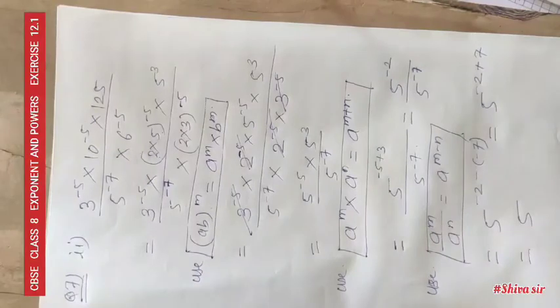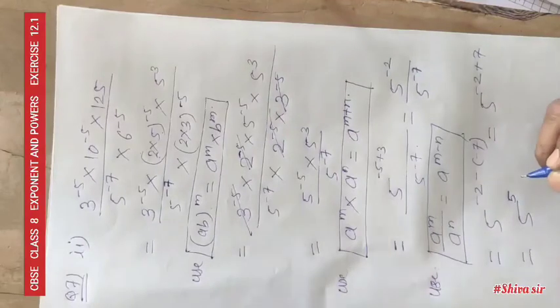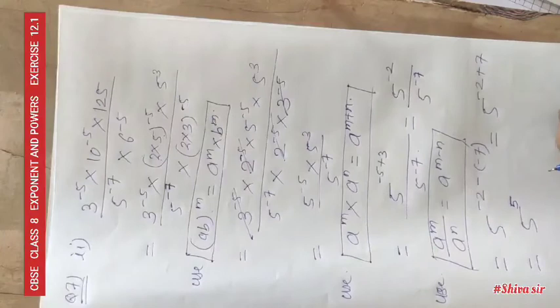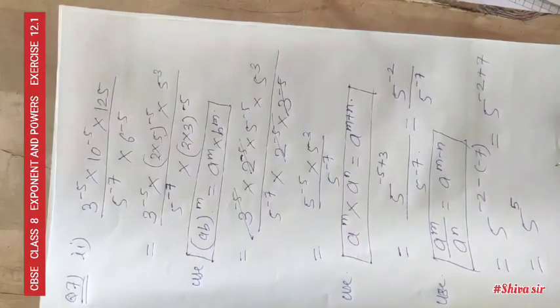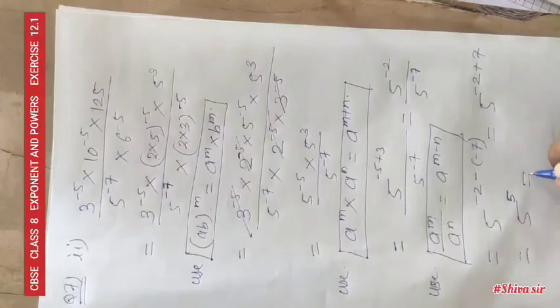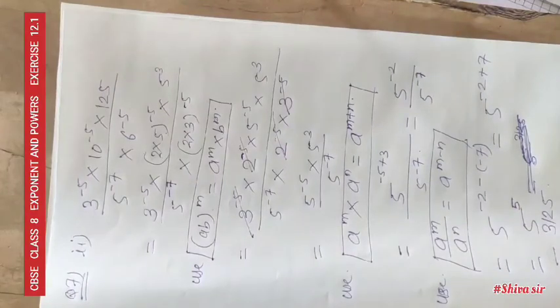So 5 raised to the power minus 2 plus 7, that means plus 5. So this is the answer, 5 raised to the power 5, and 5 raised to the power 5 is 3125. This is the final answer.